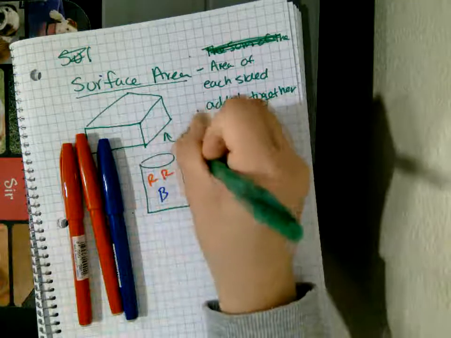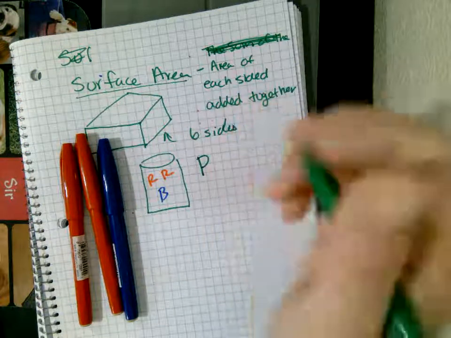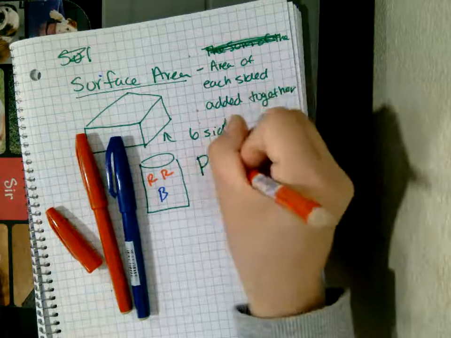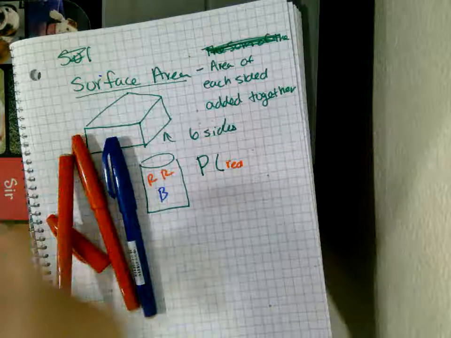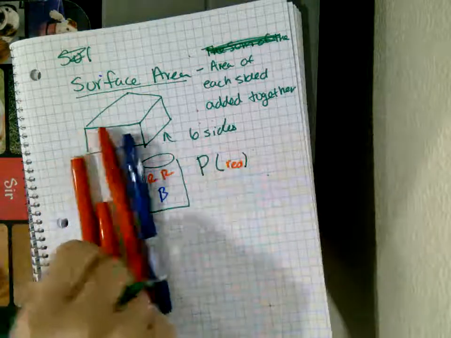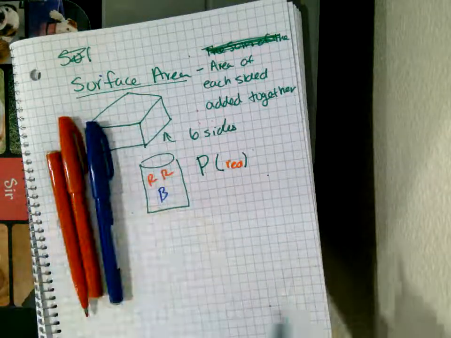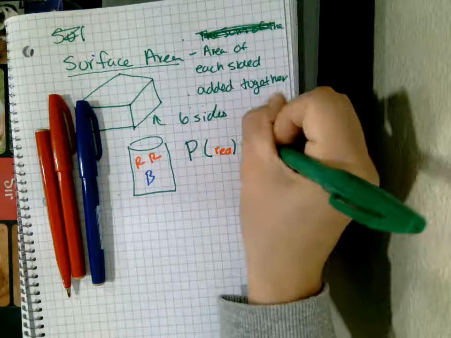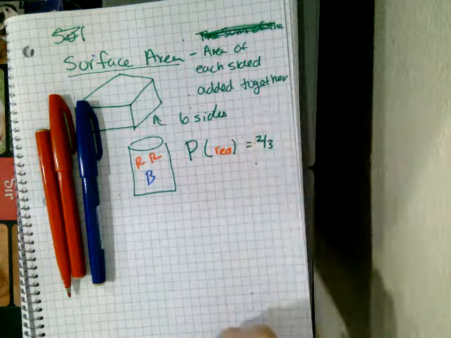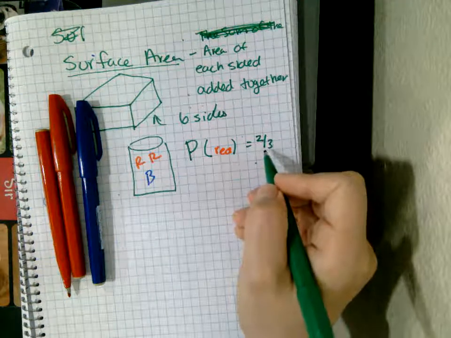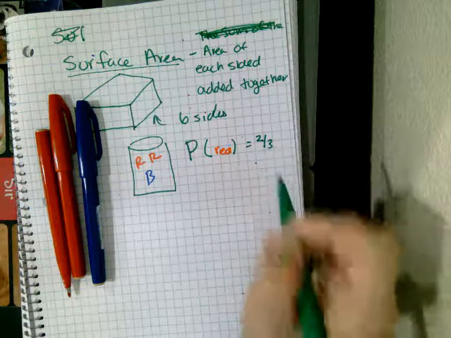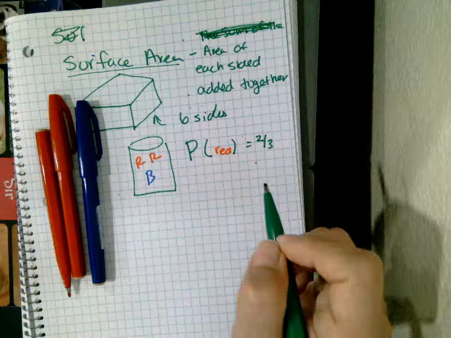What's the probability, capital P stands for probability, of selecting a red marker from my bag? That would be 2 out of 3, right? And you write probability as a fraction or as a decimal, usually as a fraction though. Probability would be 2 out of 3.